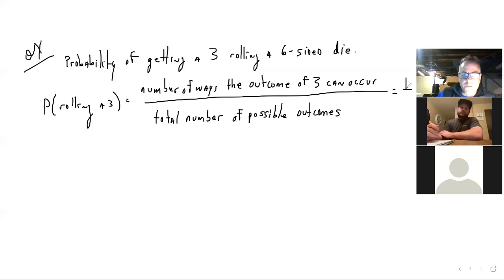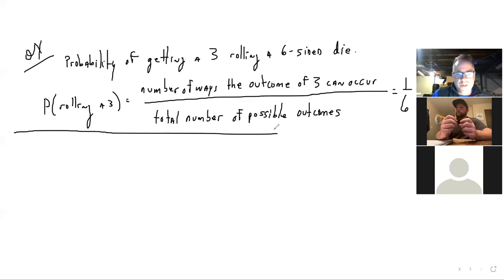There is just one way a 3 would occur, but there are 6 possible outcomes. So it's going to be 1/6, which you could put in decimal form, or you could just leave as 1/6. Again, we're assuming the die is fair. That is, it's equally weighted to each side. So there's not a possibility that it rolls just to one side, which again would not be a fair die.